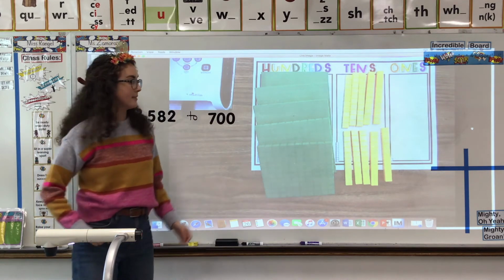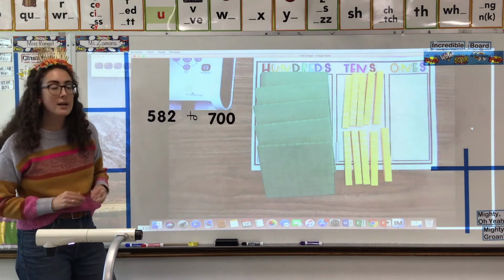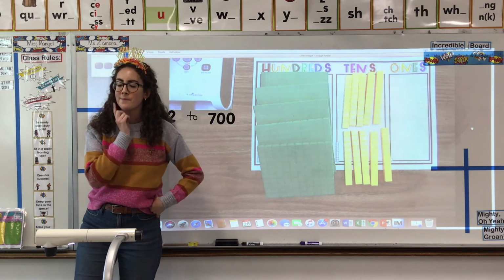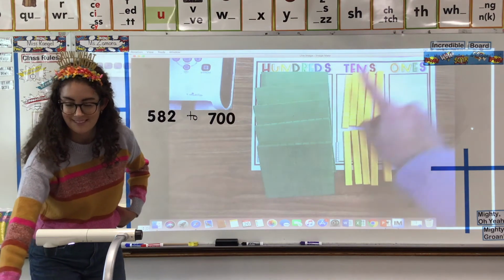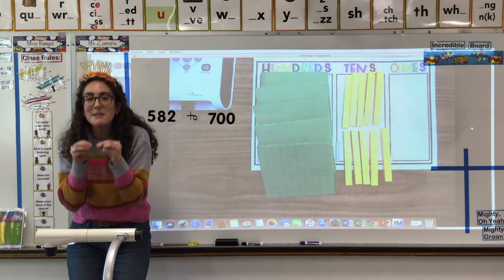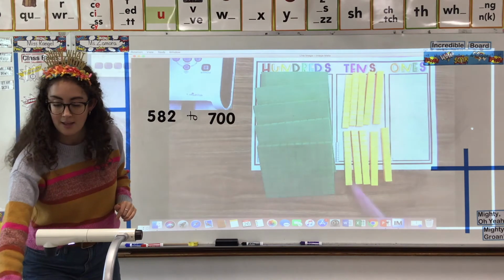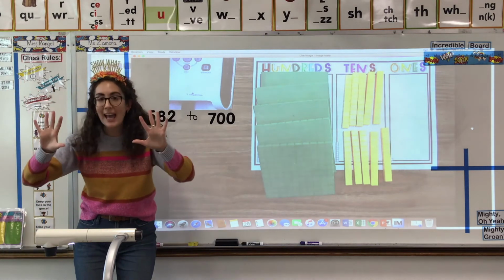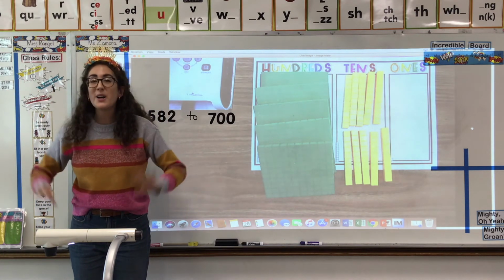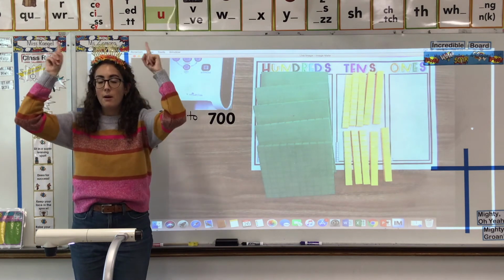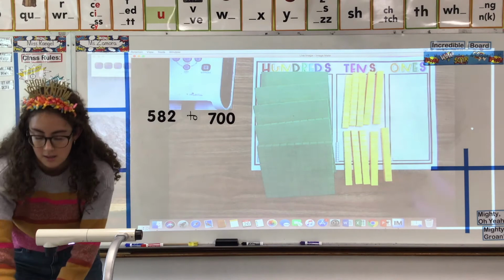What else do you notice? With 600, what do we need to do? We need to bundle. What do we need to bundle? Your 10 10s. And if we bundle our 10 10s, what unit will we make? What bigger unit will we make? Can you show me?